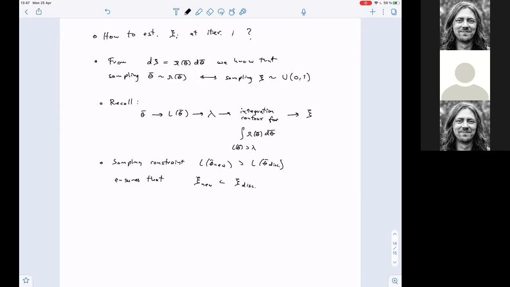But with this additional constraint that limits the range that we can sample from. In terms of psi, we keep sampling from flat distributions, but the flat distribution no longer starts between 0 and 1. After one iteration, it's slightly narrower, and narrower, and narrower. It's always a flat distribution, but we decrease the range.